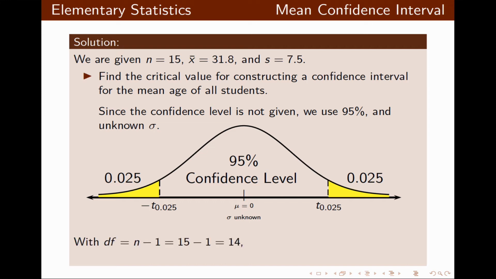With the degrees of freedom 14, we use inverse T with the left area of 0.975 and degrees of freedom 14. The critical value will be 2.145.